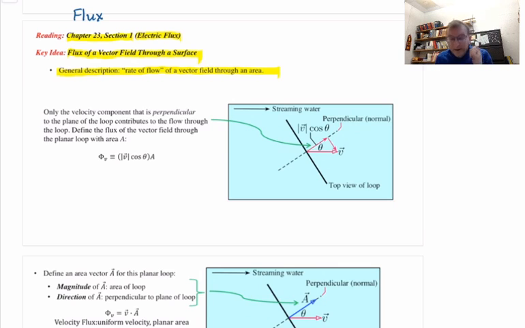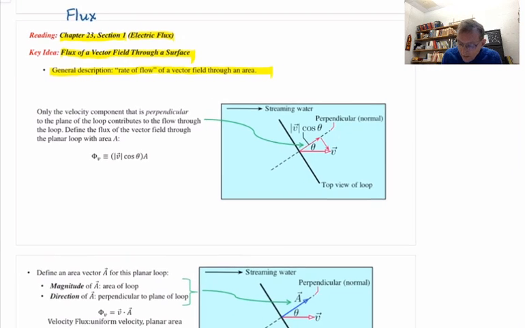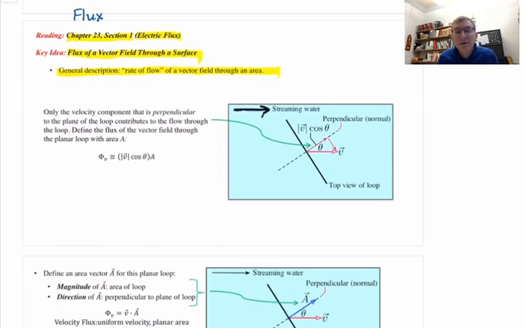So what I've drawn here on the right is a top-down view, looking down from above, on what is part of, let's say, just a gentle stream of water flowing from left to right, right? Streaming water all through that area, coming in from the left and flowing off to the right. And it's uniformly flowing water.